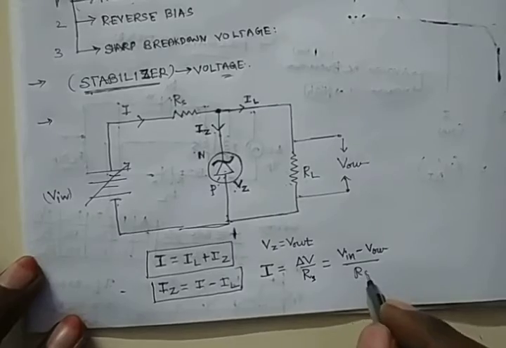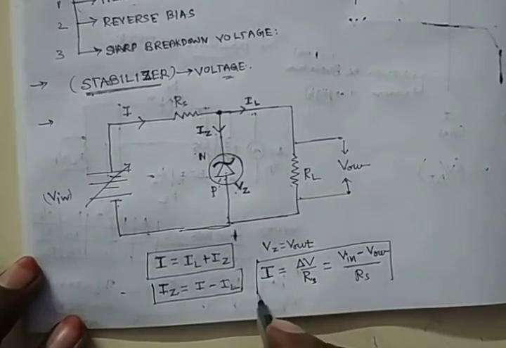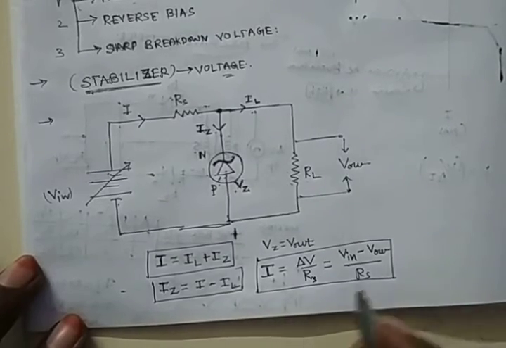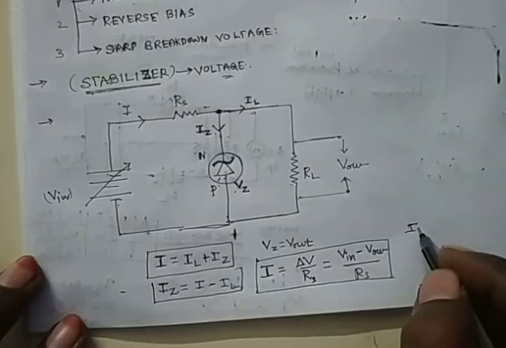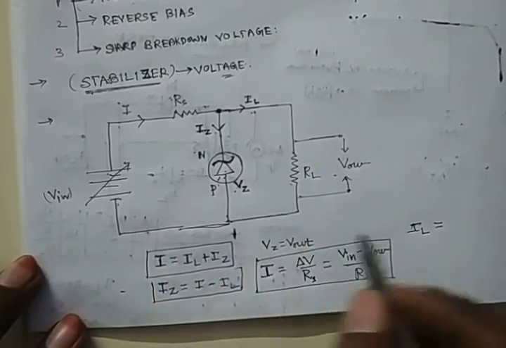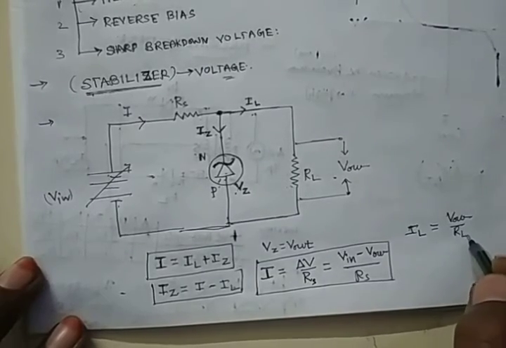So to get the current, we can apply like this. To get the load current, we apply V out divided by the load resistance.